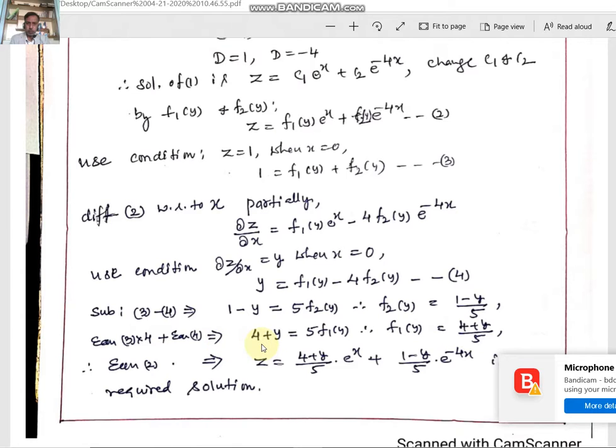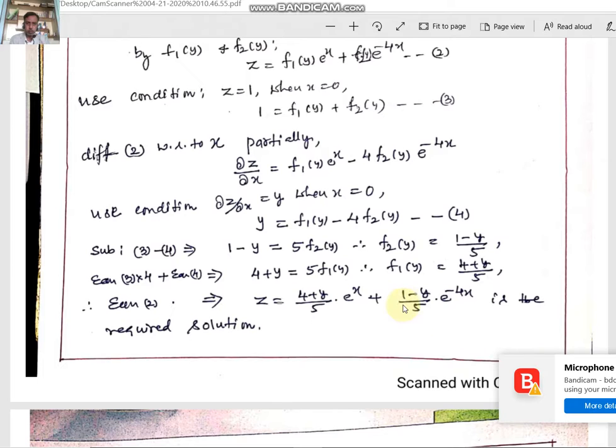Then we obtain 4 plus y is equal to 5 times f1(y). So f1(y) is (4 plus y) by 5. So substitute this f1(y) value and f2(y) value. The final solution is z is equal to (4 plus y) by 5 into e to the power x plus (1 minus y) by 5 into e to the power minus 4x. This is the required solution.